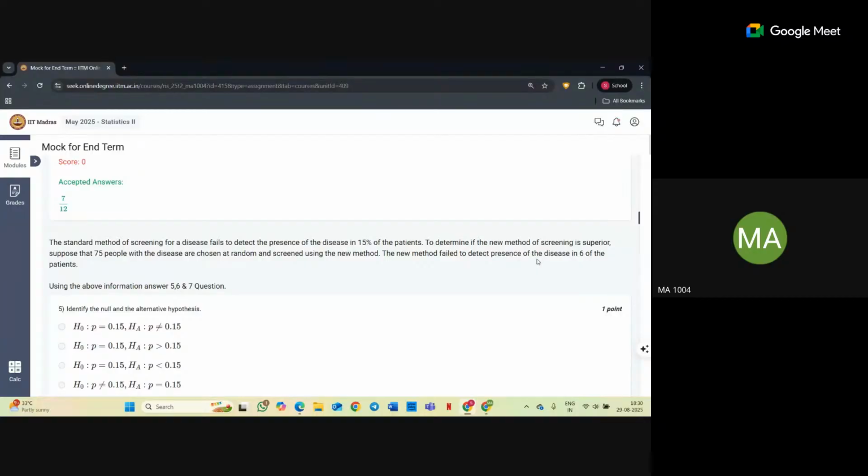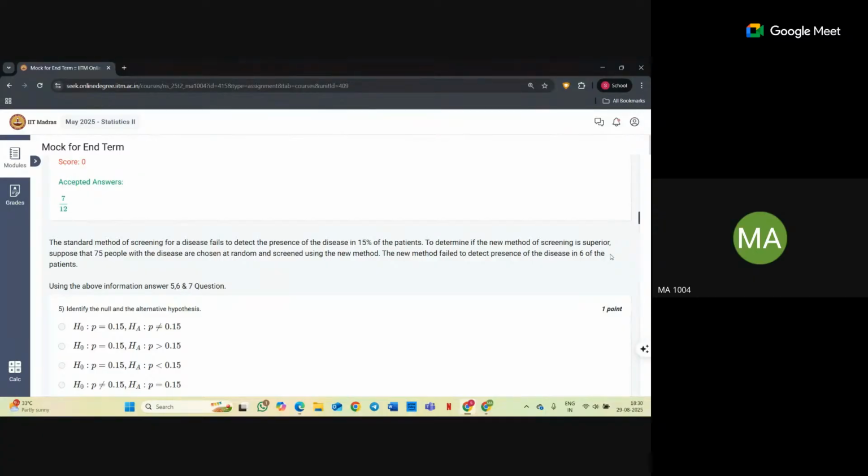We are just taking the value from the sample. From the sample, I am taking the value which is 6 by 75. Isn't it like the proportion? Yes, we are calculating the proportion.